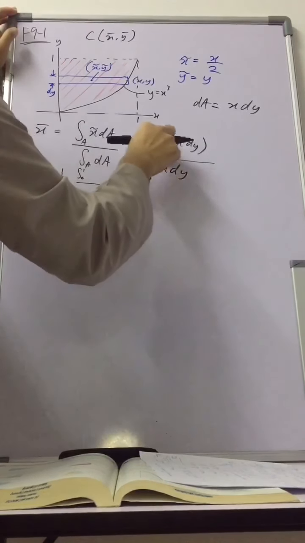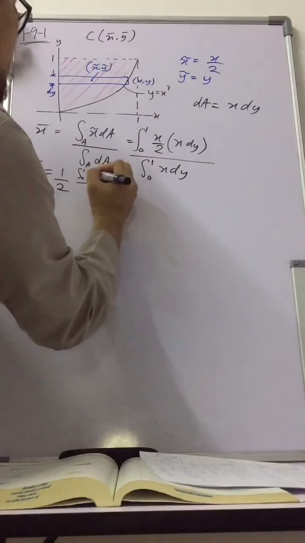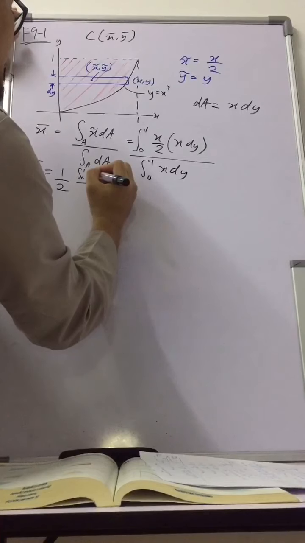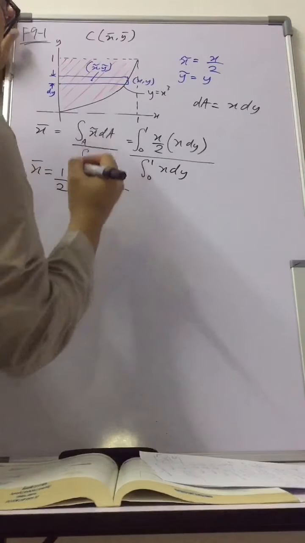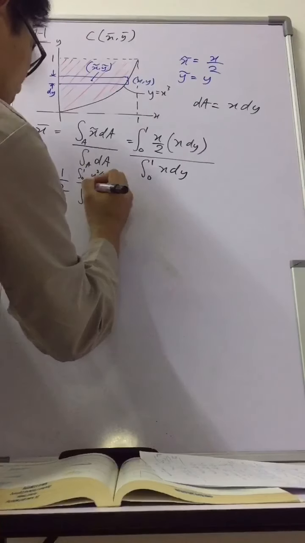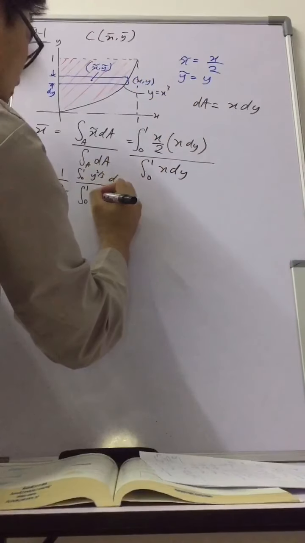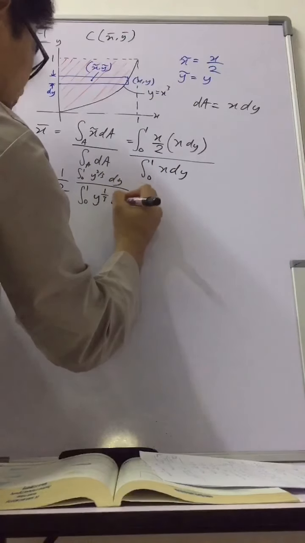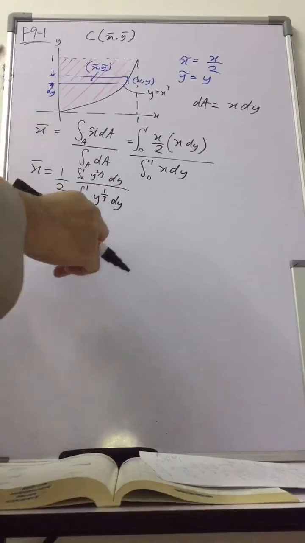This is x squared, so x squared will be y to the power of 2 over 3, dy. And the bottom one, from 0 to 1, x is y to the power of 1 over 3, dy. What is this? This is math, so go back to maths.